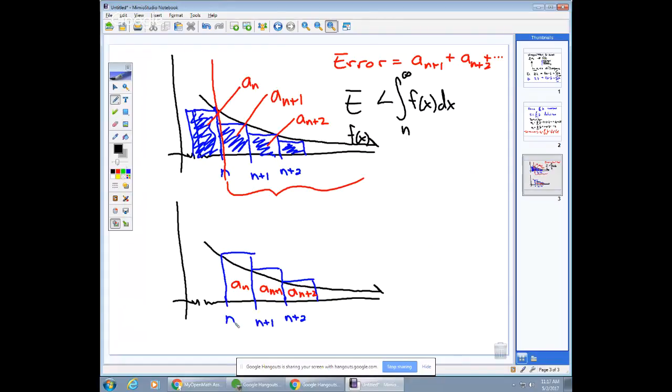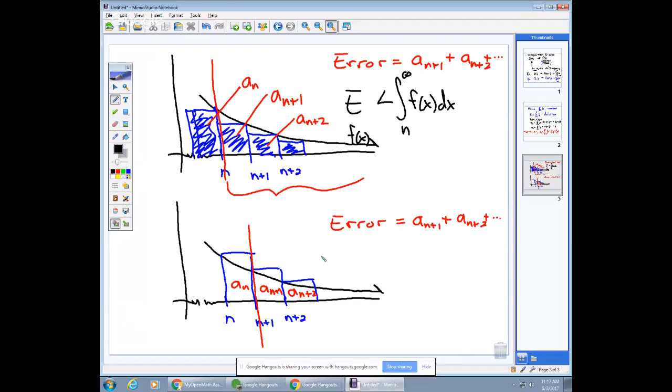If I look at the picture down below, again, I'm interested in the terms n plus 1, a sub n plus 1, a sub n plus 2. So if I draw my line, that line gets drawn right there. And to the right of that line, I have my error represented, which is the a sub n plus 1 area plus the a sub n plus 2, and so on down the line.